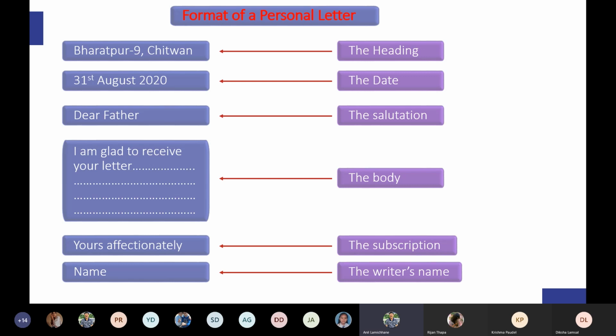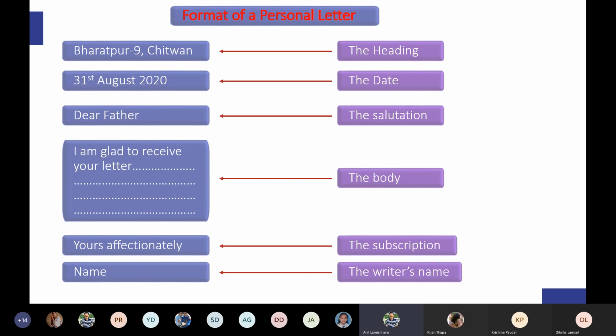So your address can be written in short. This is the heading, the beginning one. And just below this is the date, like today's date, 31st August 2020, with some gap between these two.